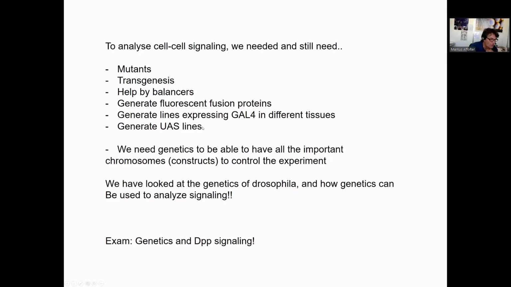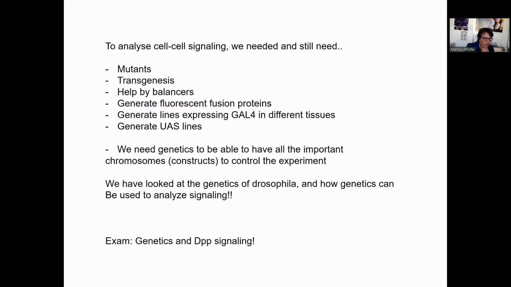And then we need all of this, the UAS, the GAL4, the reporter, the manipulator in the same fly. So we need balancers. Otherwise, things become very, very complicated. Or in other words, in a system where you have balancers like flies, you can do very complicated experiments because you can follow your chromosomes. In other systems where you don't have balancers, you have to make sure that the embryo you looked at will have these 3 or 4 constructs.